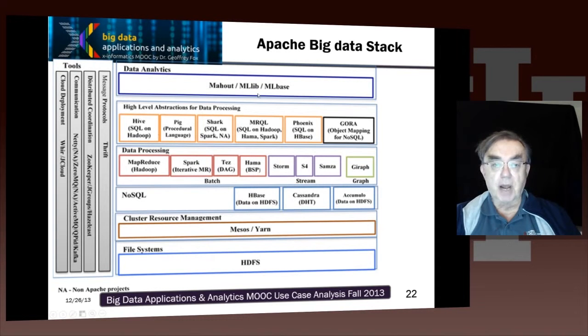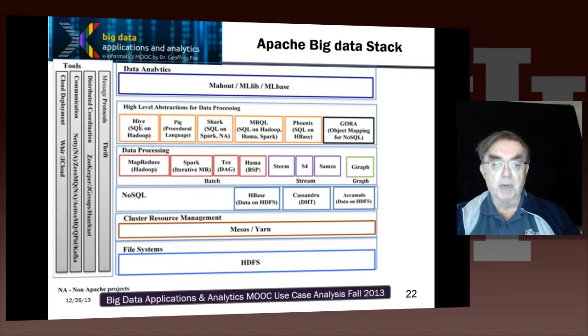Above all of this, you have higher level abstractions. We have Hive, which is SQL built on top of Hadoop. We have Pig, which is a procedural language for people familiar with, say, older scientific things. There were things like Fortran 90, High Performance Fortran, array languages. MATLAB is like that. So Pig is a MATLAB-like syntax for doing general data processing.